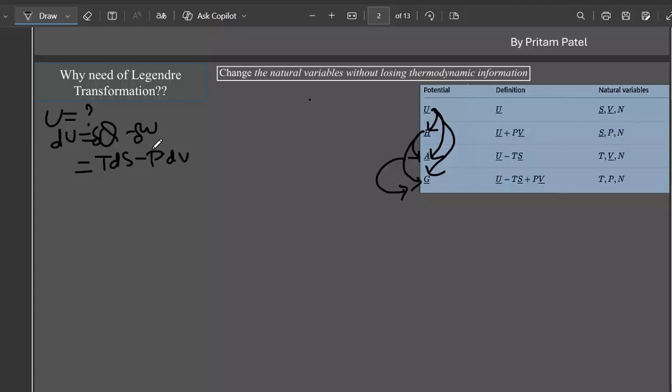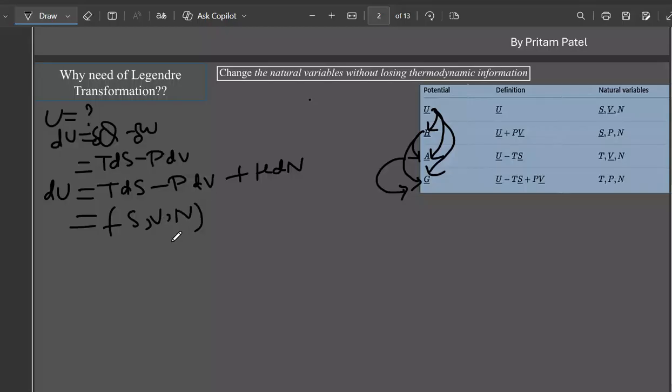Moles are also an interchangeable variable. So beyond classical thermodynamics we use dU equals TdS minus PdV plus mu dN.